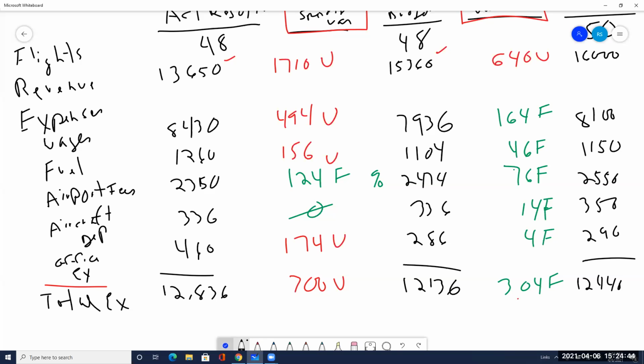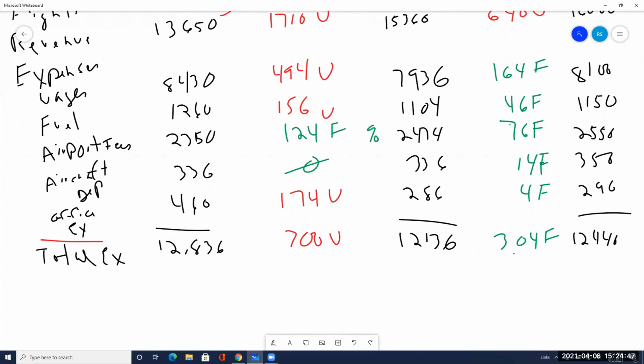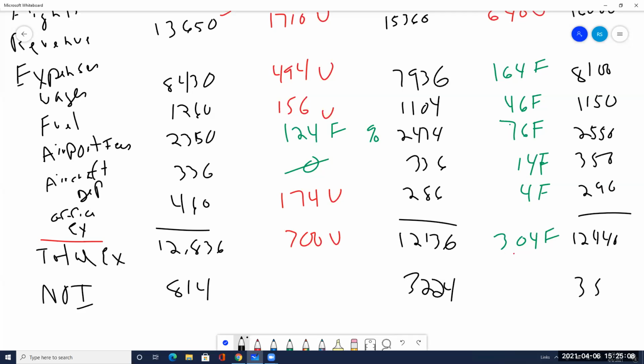And finally, I have net operating income: 814, 3224, and 3560.